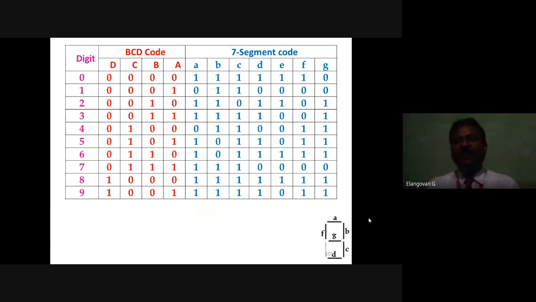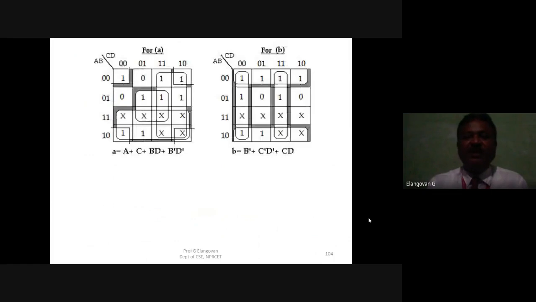Now you have the 7 columns. For each column, we need to construct and simplify using the K-map or the Quine-McCluskey method, and we are following the K-map only. So we can follow the K-map reduction method to get the simplified Boolean expression for each segment.